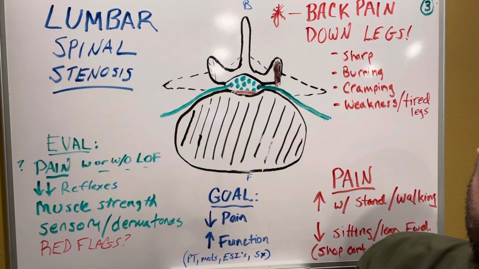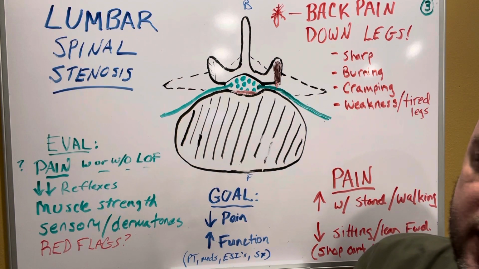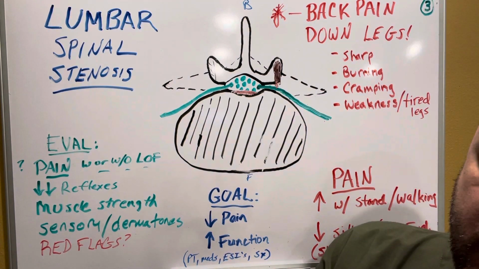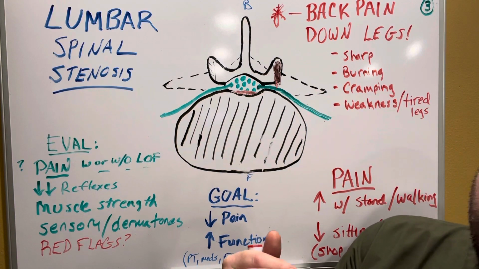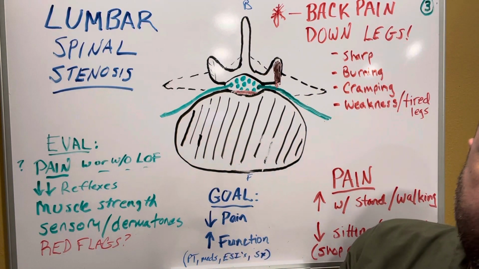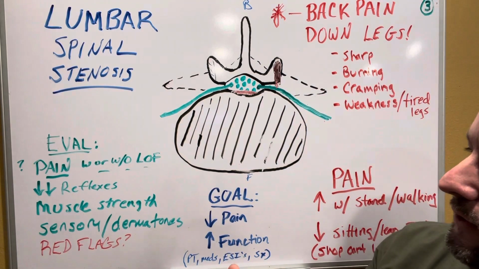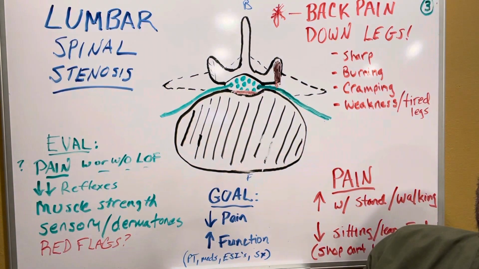Everything in regards to conservative treatment revolves around minimizing the pain so the patient can continue their walking and maintain strength. When people come in and we evaluate them and we know they have spinal stenosis, of course we evaluate their level of pain, but also if there's any loss of function or worsening of function.